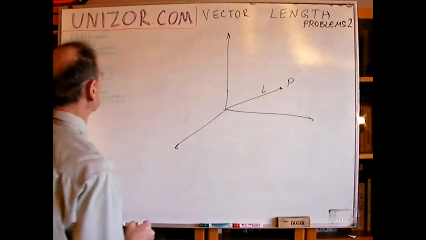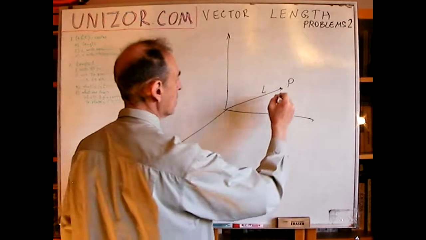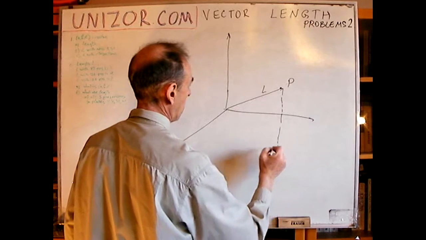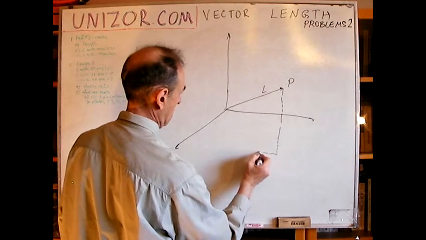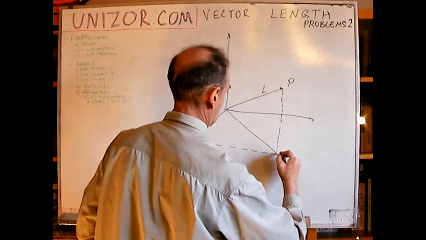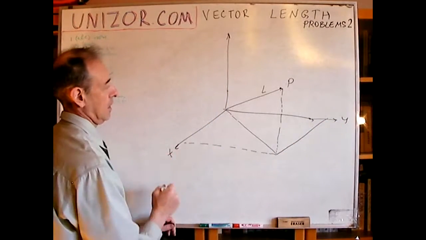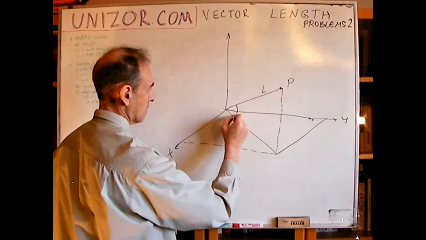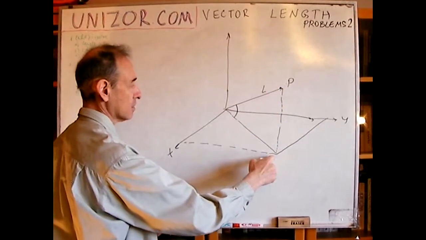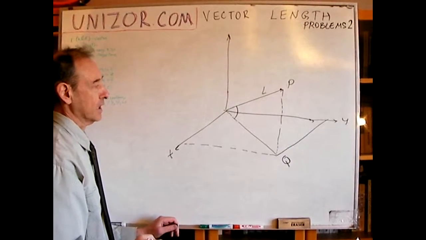We know L. And we know these angles between the vector and its projection on each of the planes.